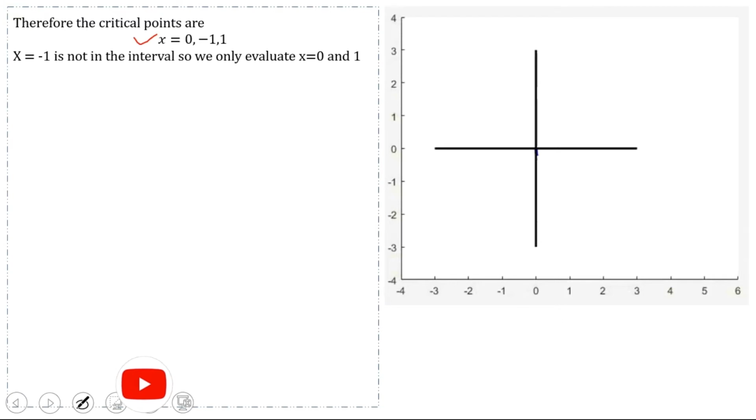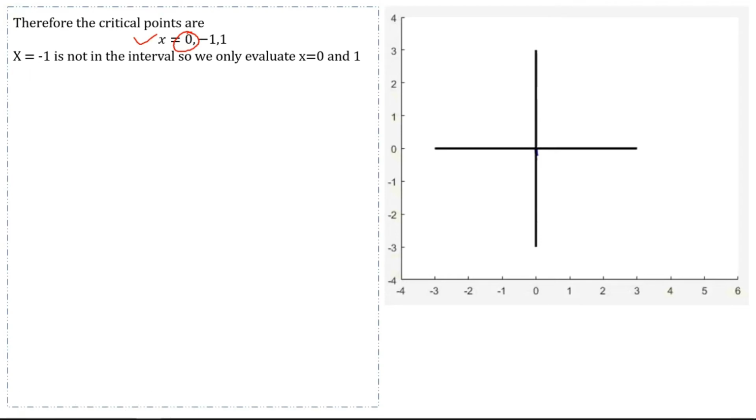Okay, and at x is equal to 0 we know that the derivative of the function is undefined, and this is also our critical point. We have already discussed in previous videos how to calculate the critical points. Okay, and I will provide the link in the video description.